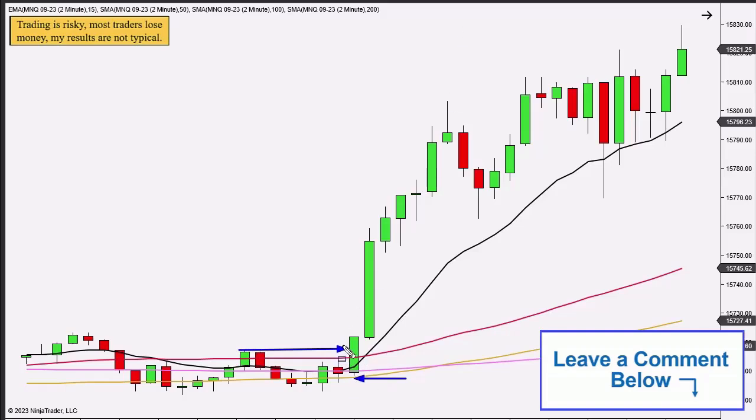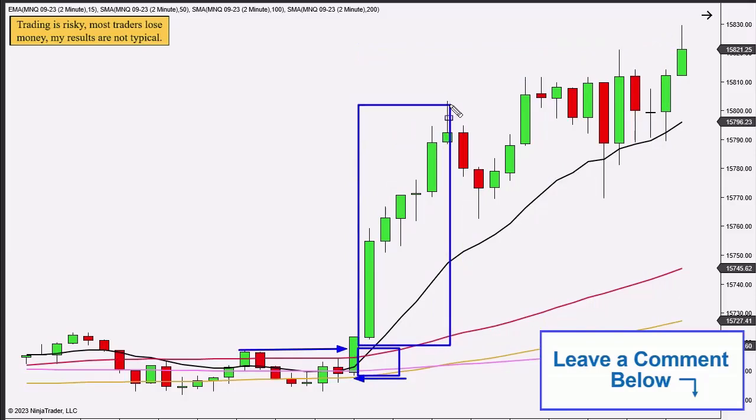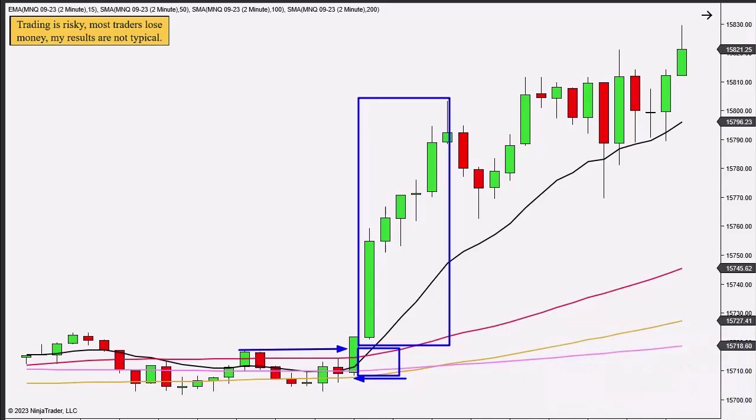So let's look at our risk reward ratio. Our risk is that, and your reward would be something like this, even if you just got out at this first impulse move and said, okay, I'm just going to get out there. Sure, it went higher, but that's a pretty phenomenal risk reward ratio right there. That's what makes this a fantastic trade setup: simplicity, high risk reward, and frankly, high win-loss as well.